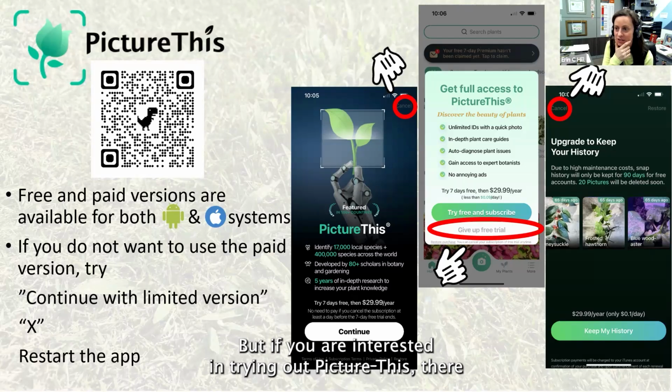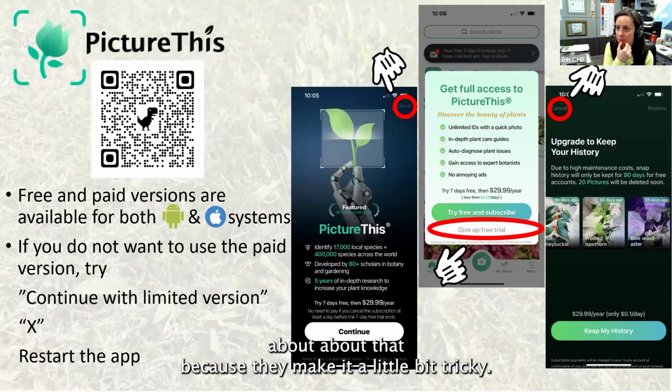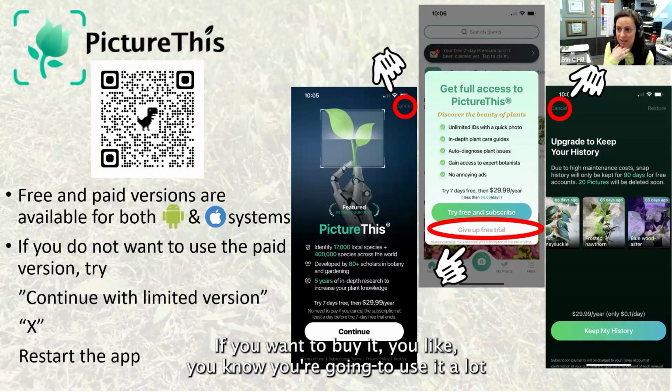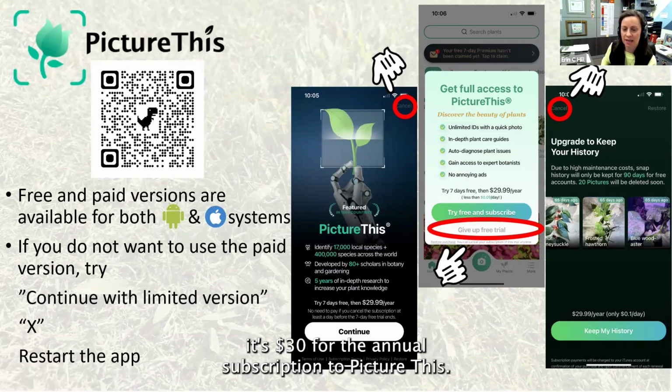But if you are interested in trying out Picture This, there is a way to try it out for free. But you do have to be kind of savvy about that because they make it a little bit tricky. If you want to buy it, like you're going to use it a lot, many times a year, it's $30 for the annual subscription to Picture This.